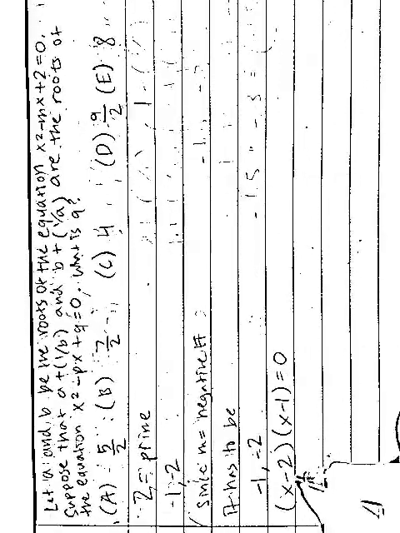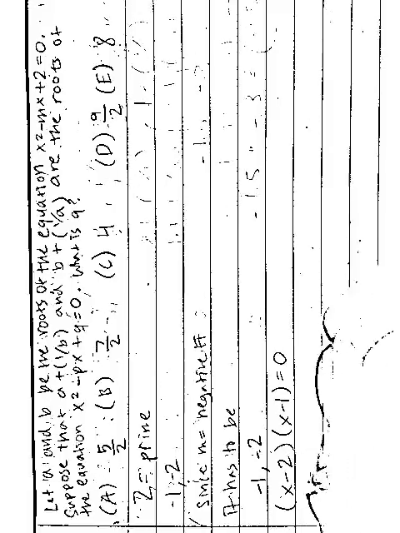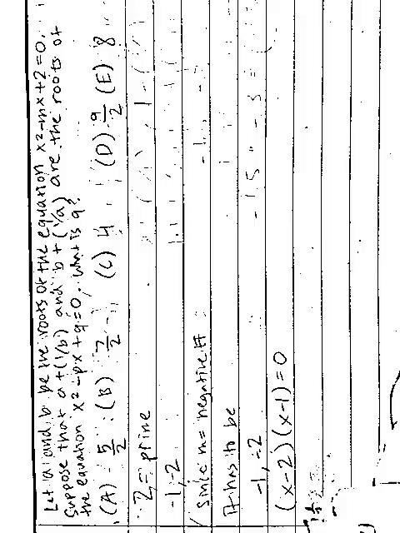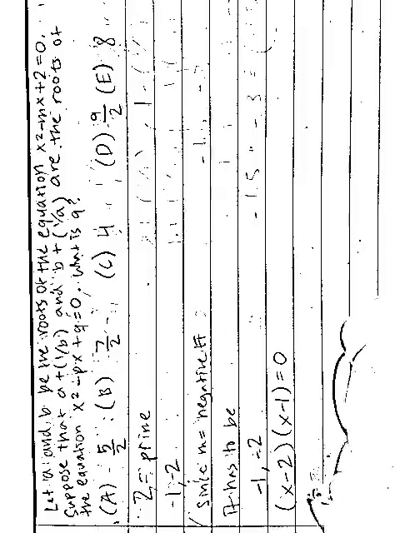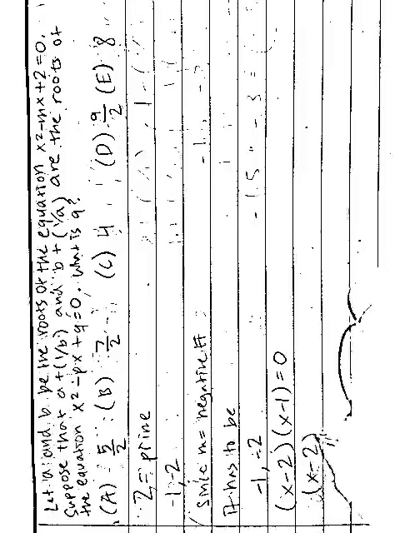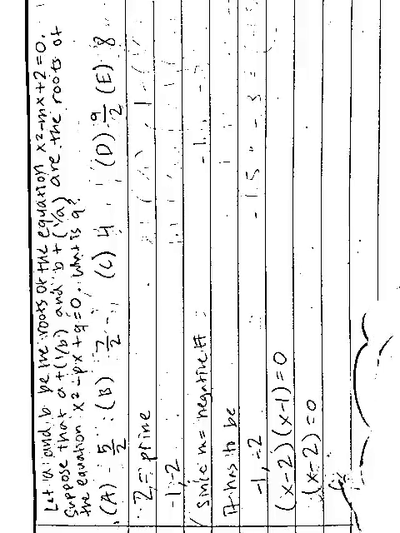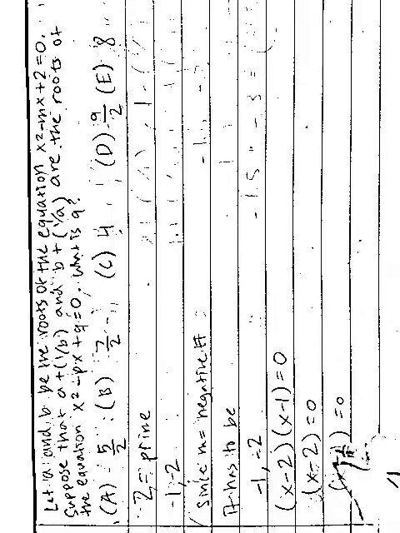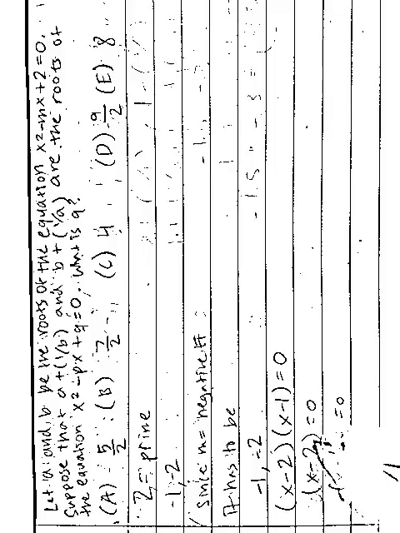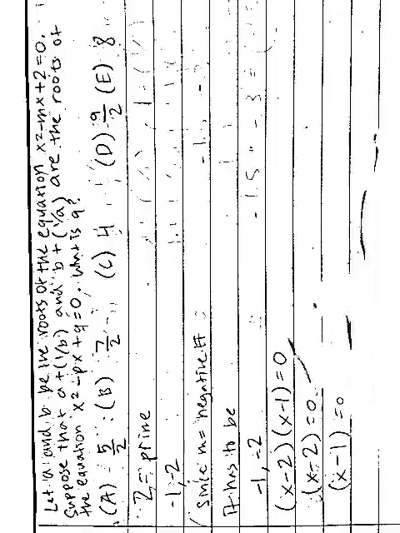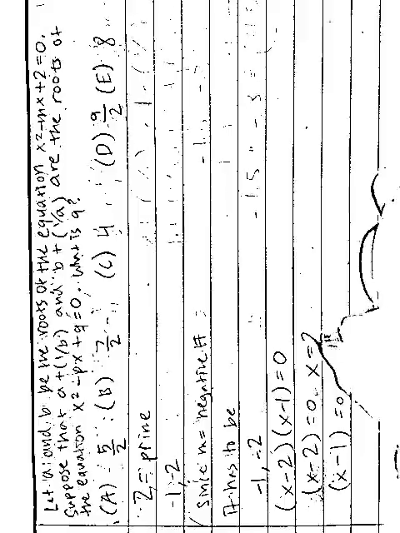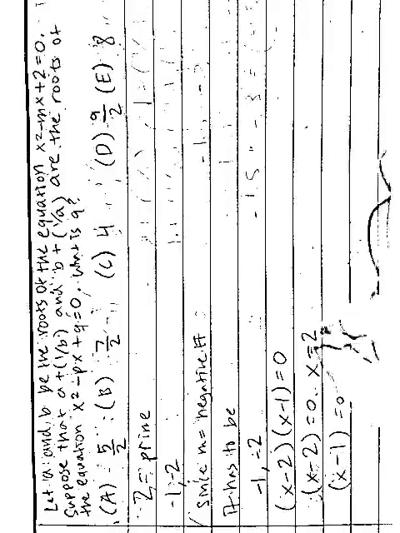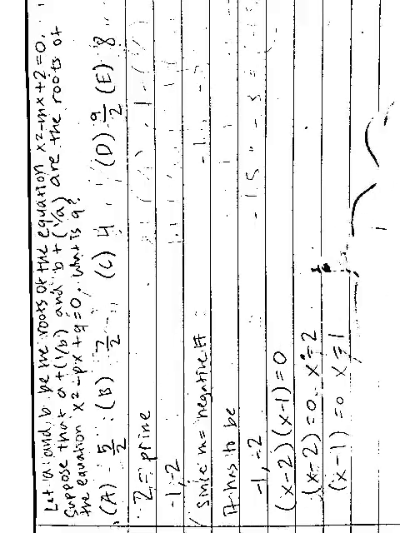To solve for x, you know that these two numbers multiplied together equal 0, so one of them has to be 0. So x minus 2 equals 0, and x minus 1 equals 0. To simplify these, you must add 2 to this side, so x equals 2, and add 1 to this side, so x equals 1.